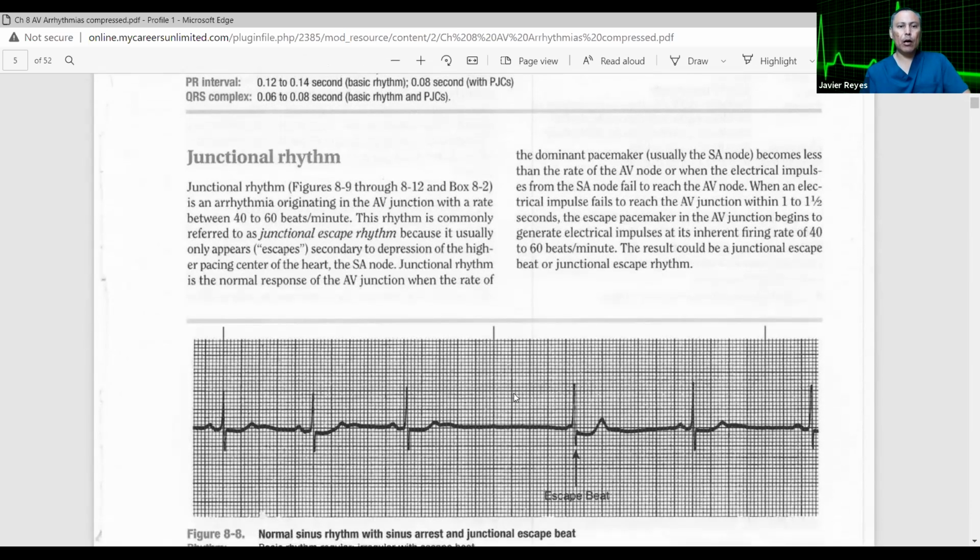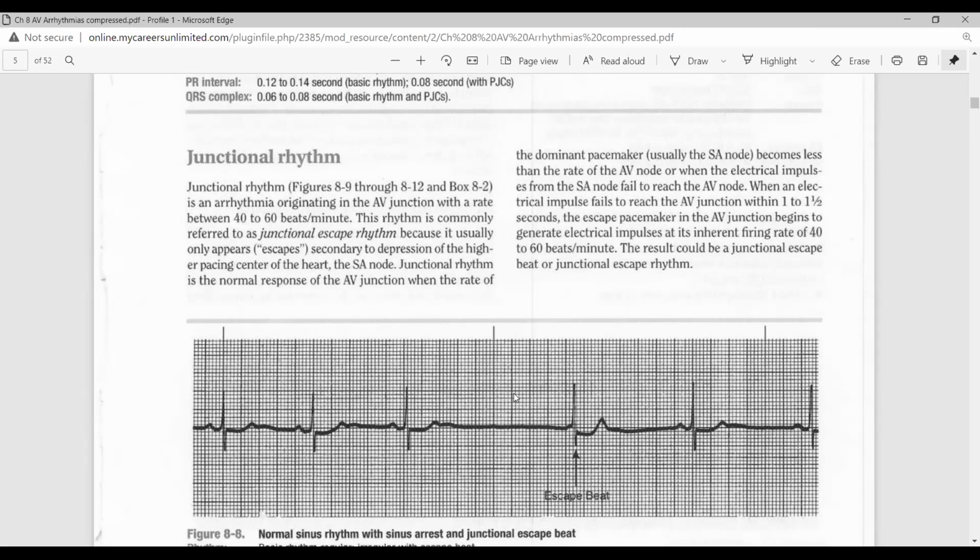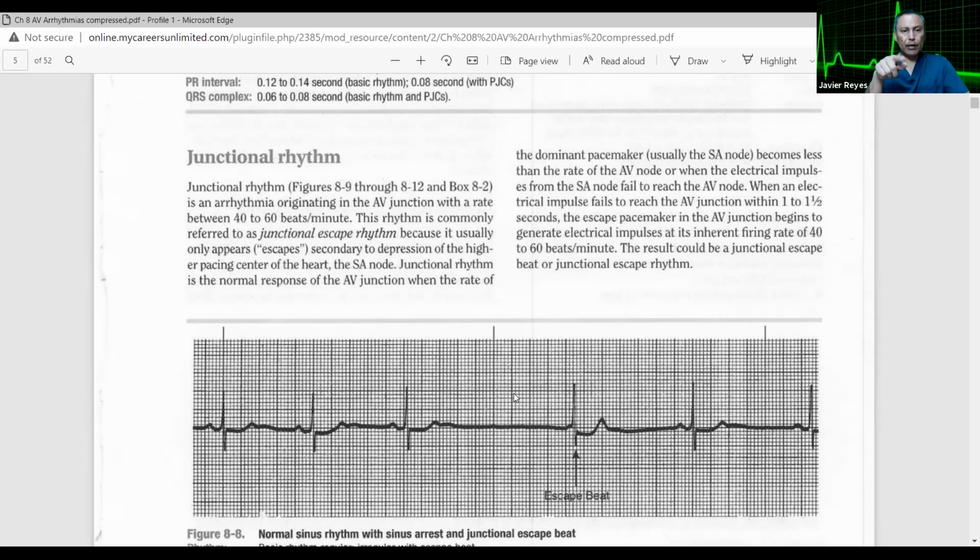What is the normal heart rate of your AV node? 60, 200? No, 40 to 60. Any tissue, any cell in the AV area, the AV node and the surrounding area, is between 40 and 60. That's the baseline. That's where it starts, and then it accelerates and you go to the tachycardias.